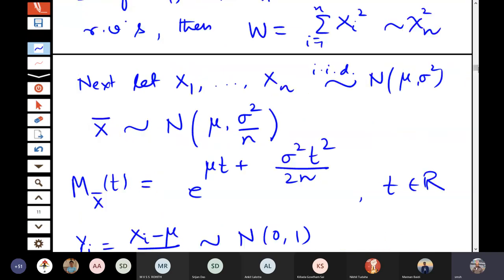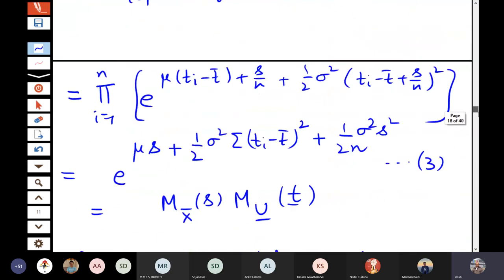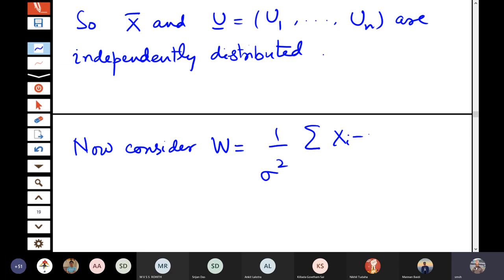Let us consider a decomposition of this. Now consider w, that is 1 by sigma square sigma (xi minus mu) square.